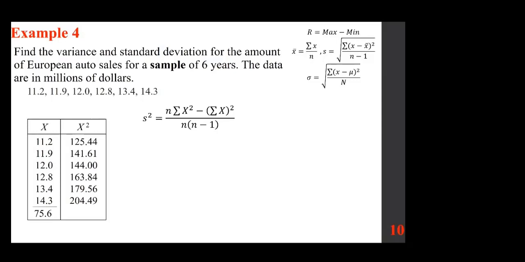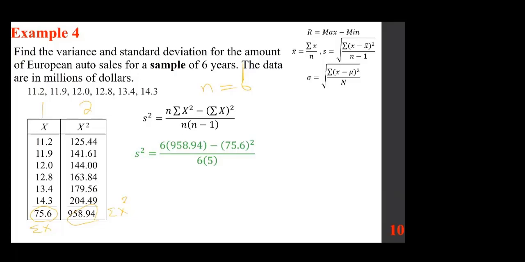Now, when you add up the first column, this one is summation of x. When you add up the second column, this one is summation of x squared. And so we put that into the formula. And remember, n is 6, by the way. N, which is 6 times 958.94 minus 75.6 quantity squared divided by n times n minus 1, 6 times 5.